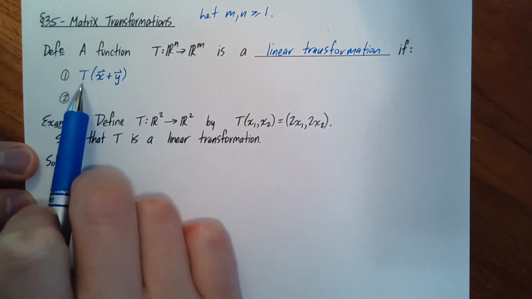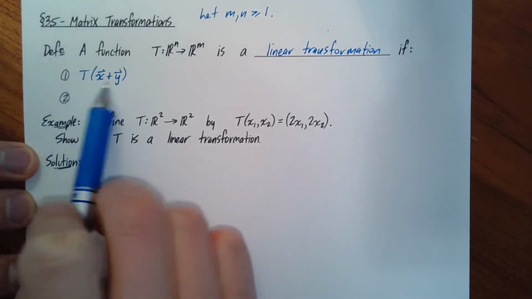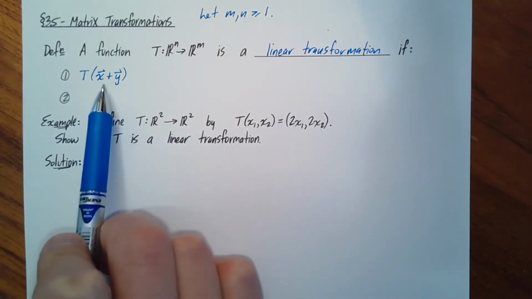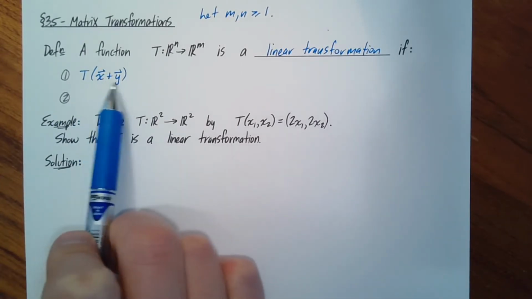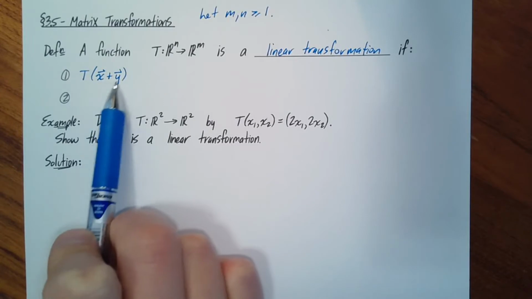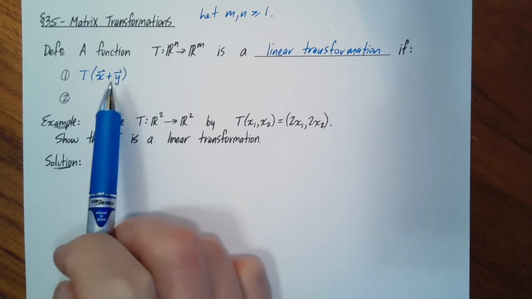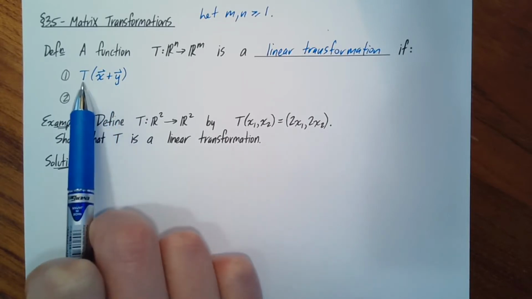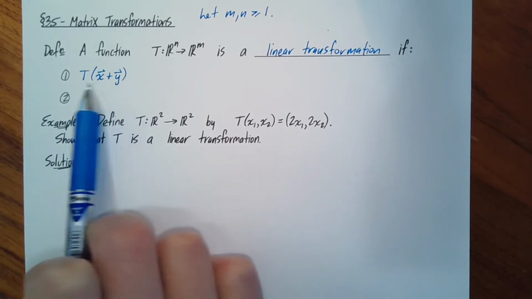We've got two vectors x and y, and this plus sign says to add those two vectors. The result of adding two vectors is another vector, which is being plugged into the function T.